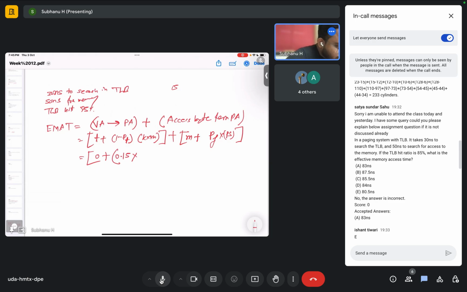Yeah. So regular memory access takes 50 nanosecond. Okay.